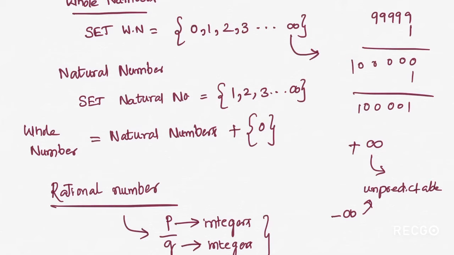And you will definitely get a doubt: what will happen if q is equal to 0 and p is not equal to 0? It means any number other than 0.